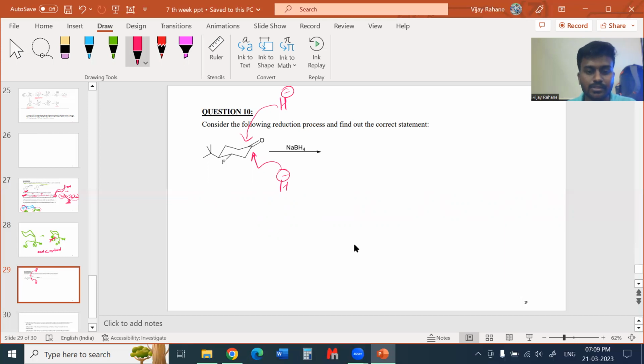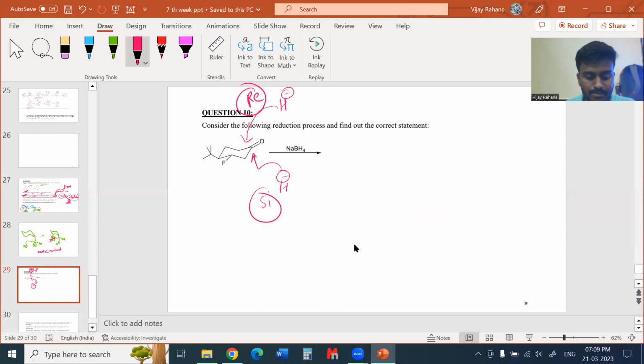If the attack takes place from the upper side, it will be the re face, and if the attack takes place from the lower side, it will be the si face. So these are the two possibilities of attack.